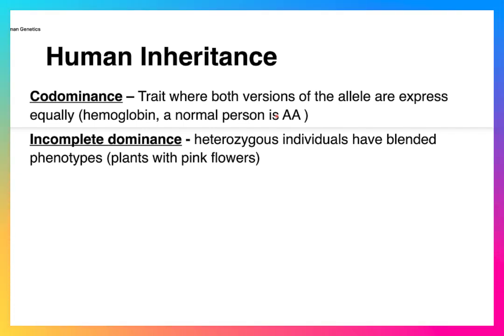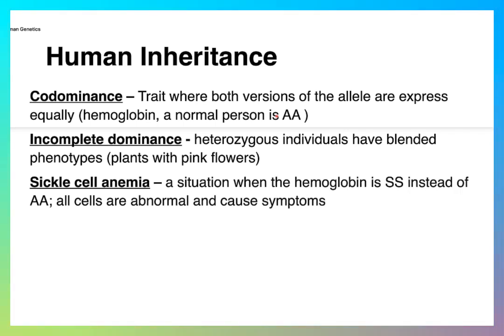And this actually happens with hemoglobin, because the hemoglobin of a carrier, or an SA, as we'll talk about in a second, is abnormal, but it's still able to perform the function of normal hemoglobin. So sickle cell anemia is a situation where someone inherits both S's, and S stands for slow.